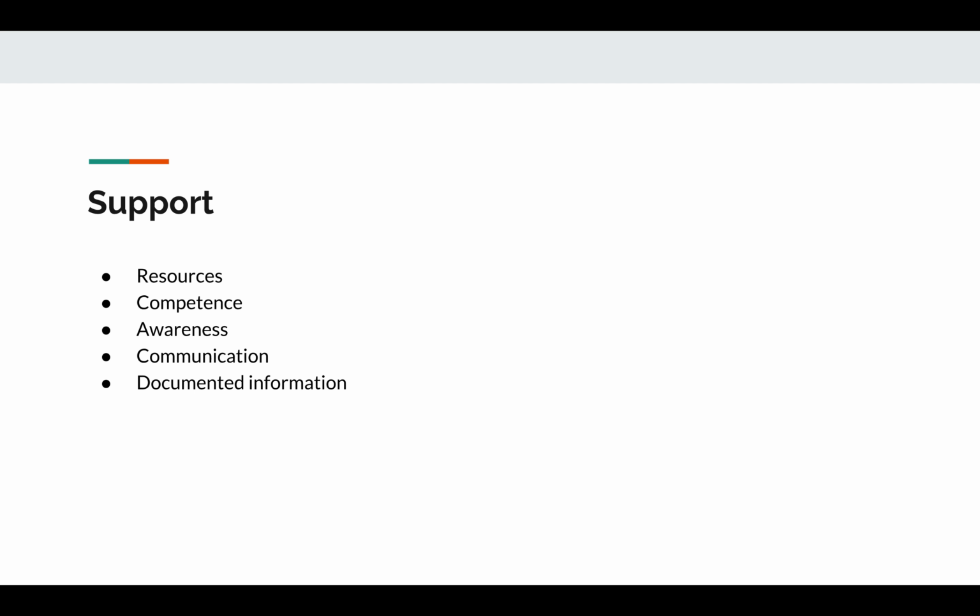So after that, communication is also an important part of support. The organization shall determine the needs of communication, including internal or external communication.